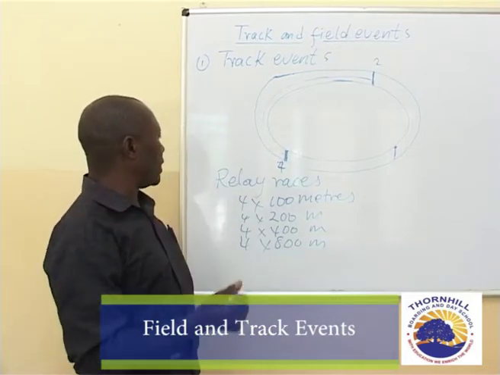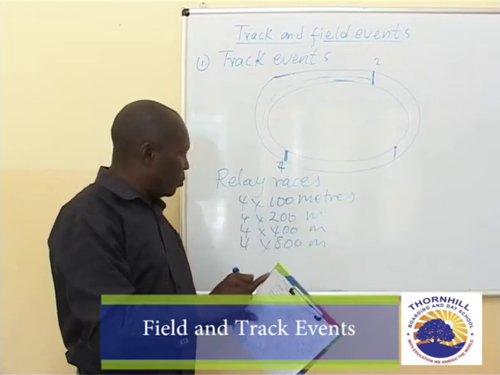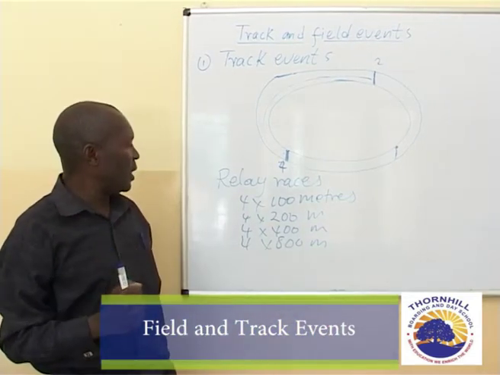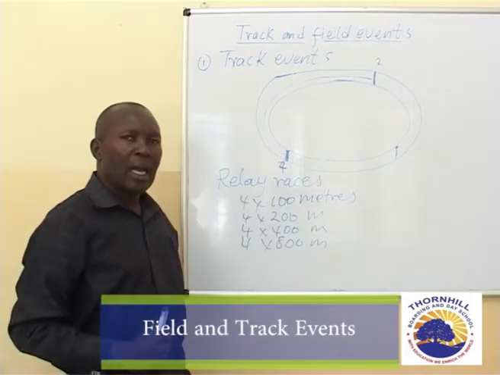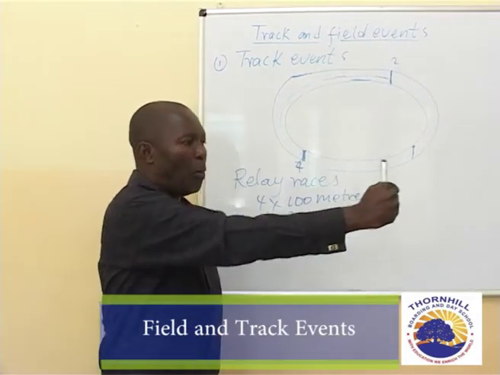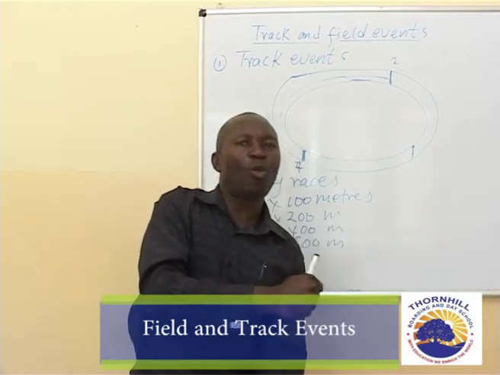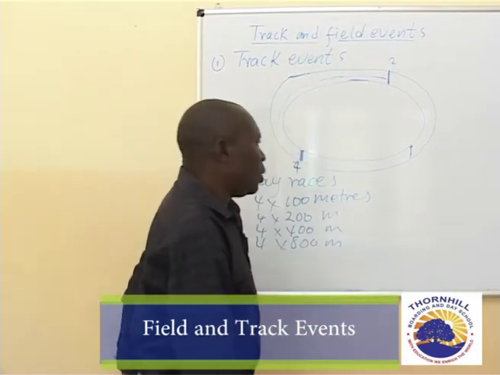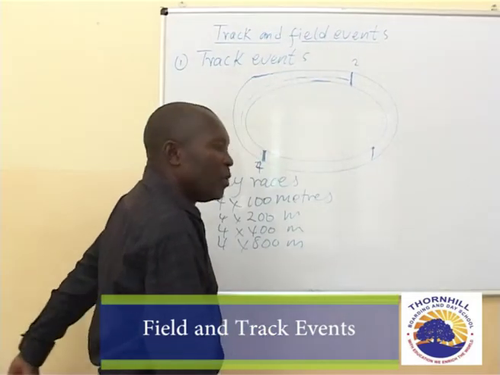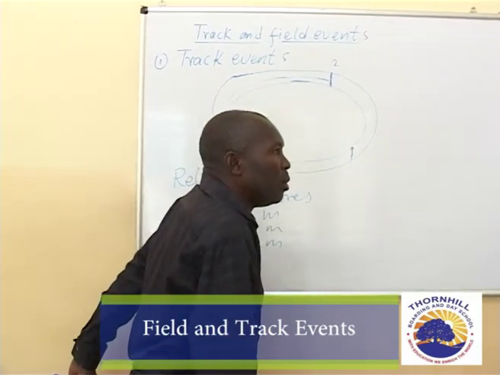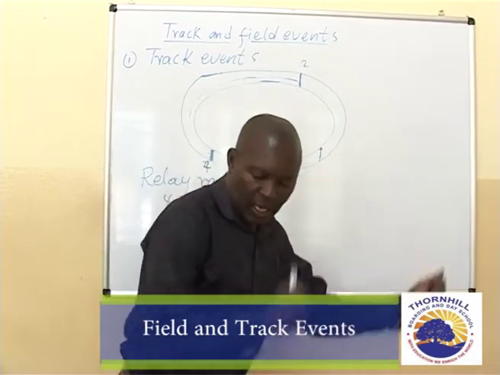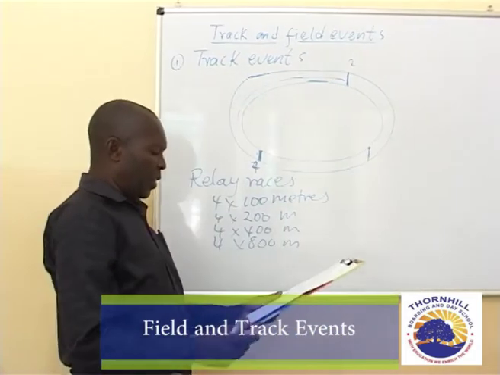The use of the baton. You should hold it with your right hand. So you run and give to your teammate, and then your teammate will get it with the left hand. They will receive it with the left hand in motion, and then put it to the right hand and proceed with the race.